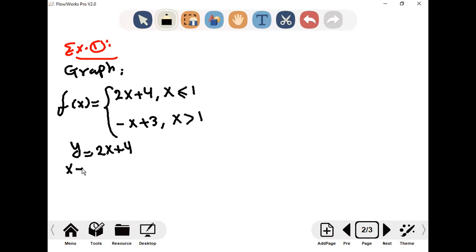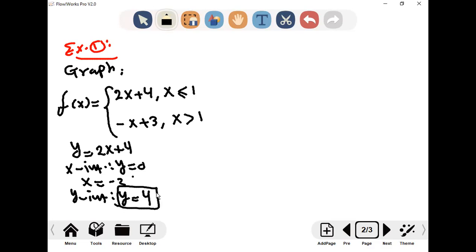For the x-intercept, put y equal 0, so x will be negative 2. For the y-intercept, y equals 4, after you put x equal 0, right? So the x-intercept is negative 2 and the y-intercept is 4.